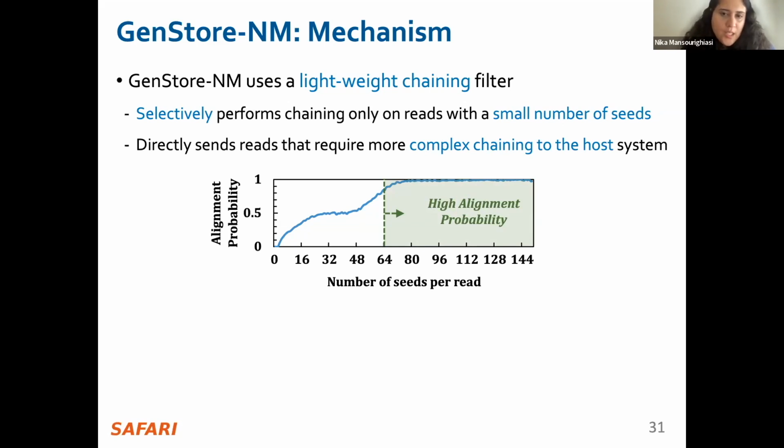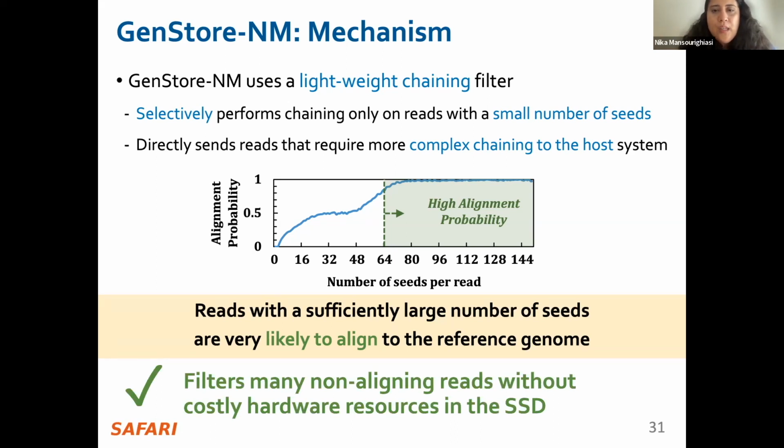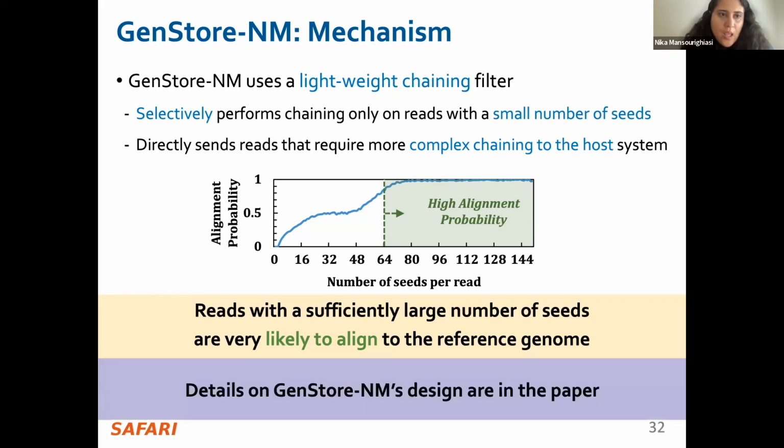And such reads can directly be sent to the CPU or an accelerator for full read mapping, bypassing the in-storage filter, because with high probability, they will not be filtered anyway. And then we conclude that the selective lightweight chaining approach can filter many non-aligning reads without costly hardware resources in the SSD. And for more details about it, please refer to our paper.